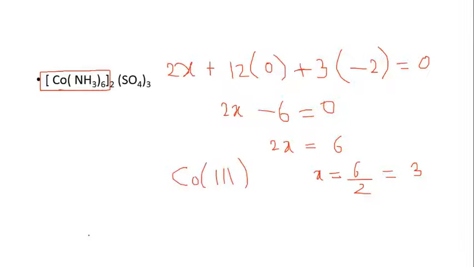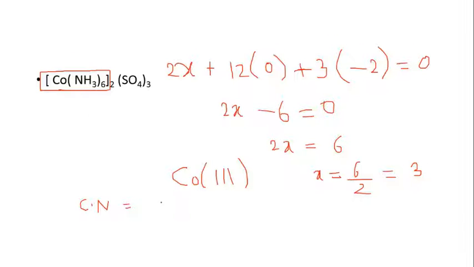So then coming to coordination number, coordination number is nothing but the number of ligands surrounding the central metal ion. So it is the actual number of donor atoms that are donating the electrons to the cobalt in this particular case. So you have only monodentate ligands.